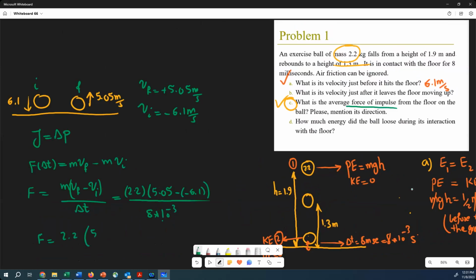2.2 times 5.05 plus 6.1, divided by 8 times 10 to the power of negative 3.